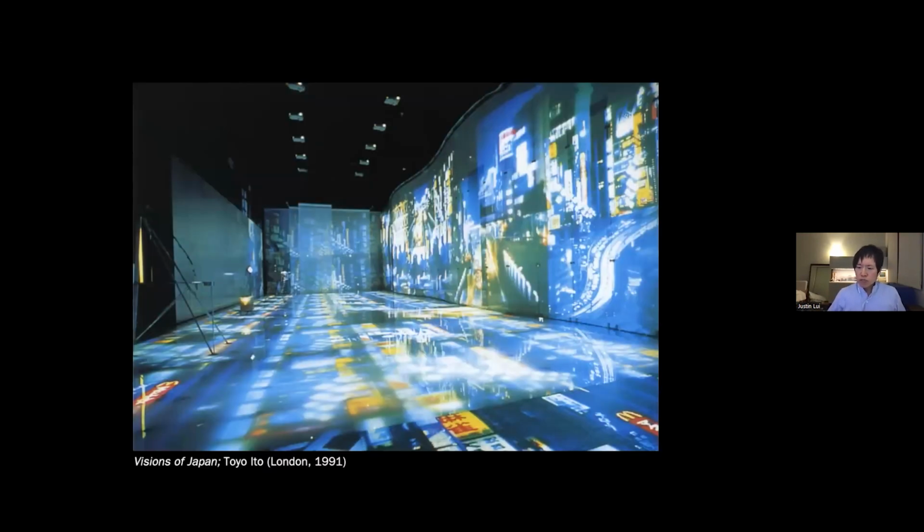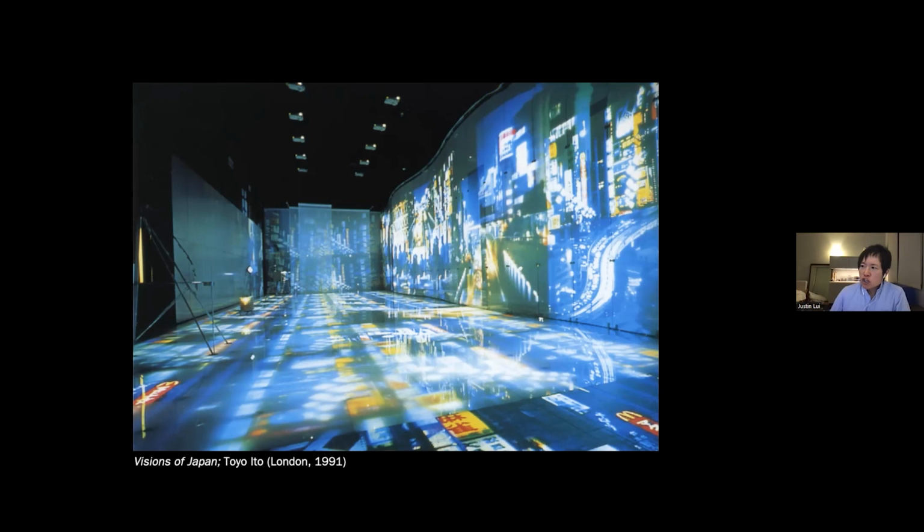Here's a project by an architect who I really like, Toyo Ito. He did this interior video projection installation called Visions of Japan. It was meant to be a travelogue, kind of like an enticing description of Japan and what the scenes of Japan would be like. This took place in London, I think at the Victoria and Albert Museum, and it's from 1991.